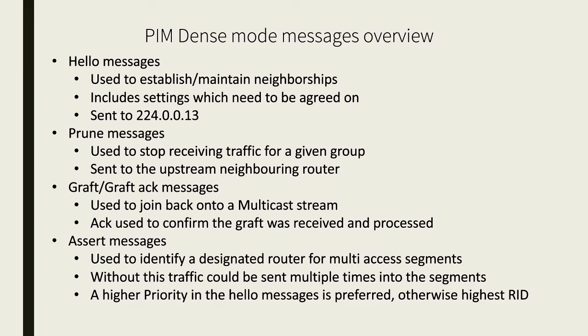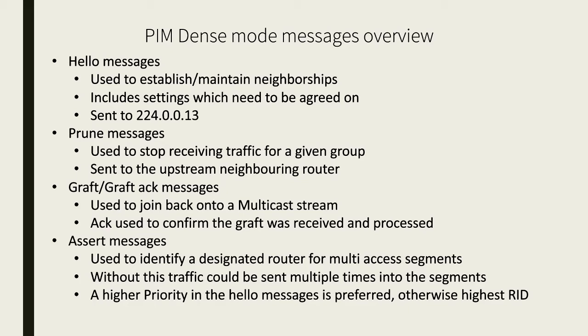We then also have a graft and a graft ACK message, and that allows us, between those flooding intervals within dense mode, to join back onto a multicast stream explicitly and say, hey, we're really interested in this, send us the traffic again. We then have the acknowledgement message of that to actually confirm that the upstream devices have received that graft message.